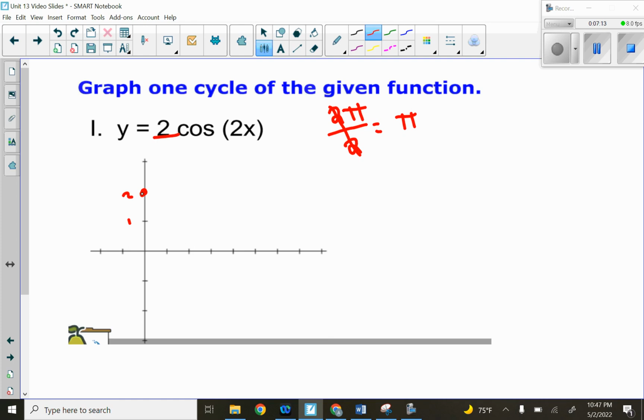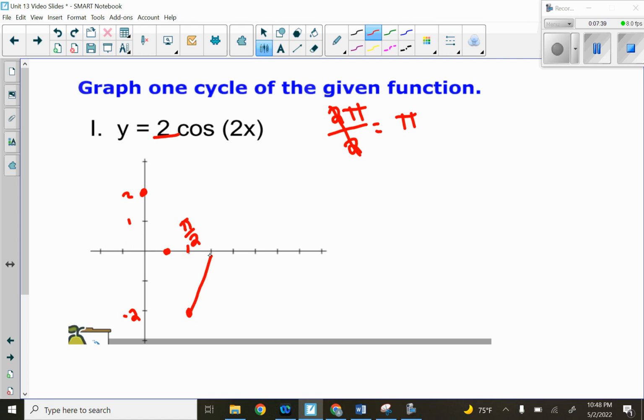So cosine is going to go down. There would be -2, and right here would be pi over 2, because that's our halfway in between.